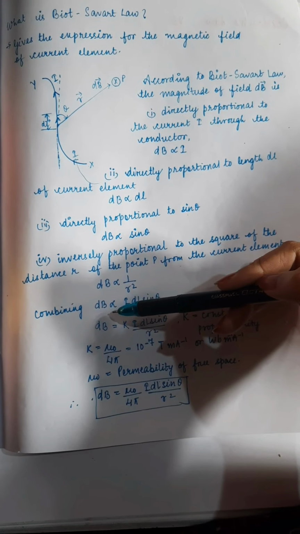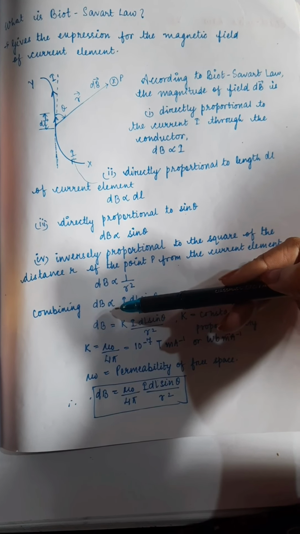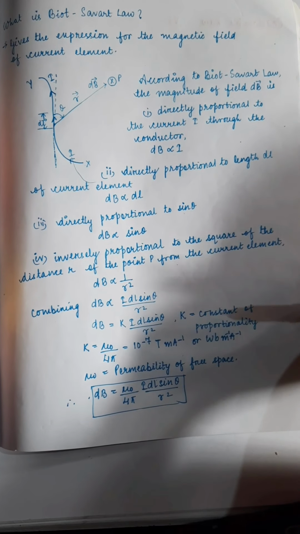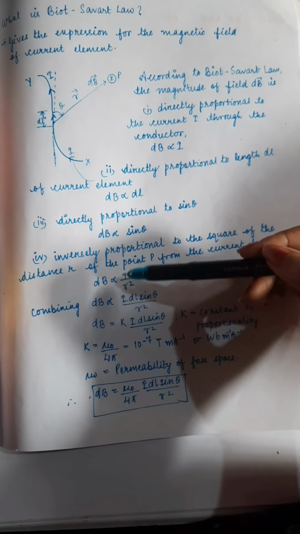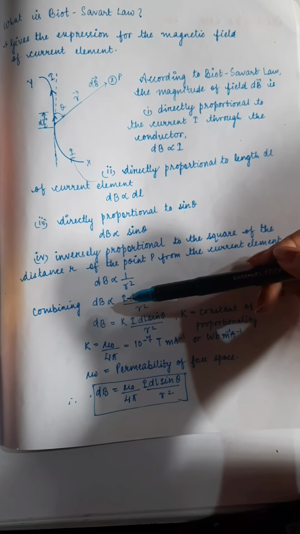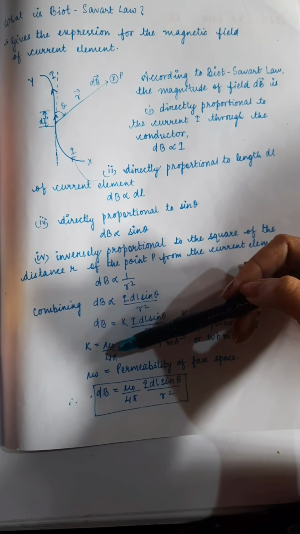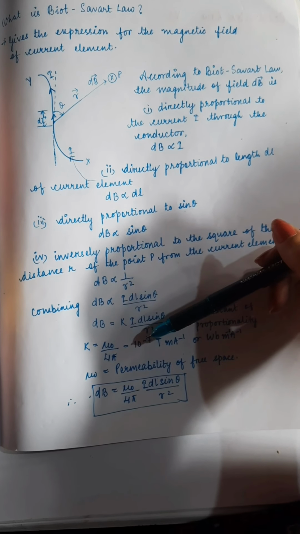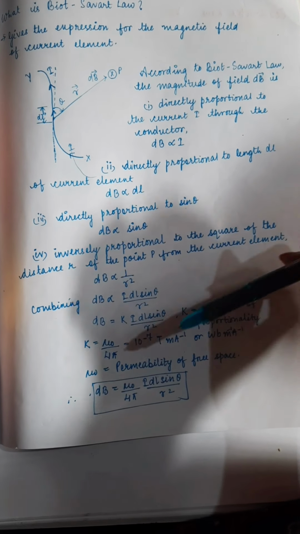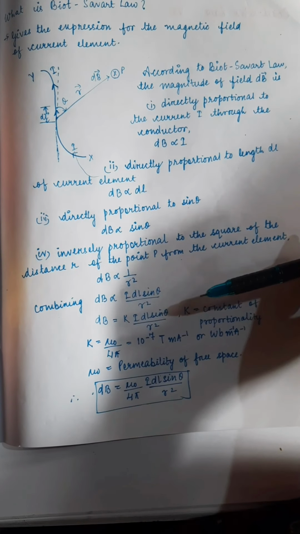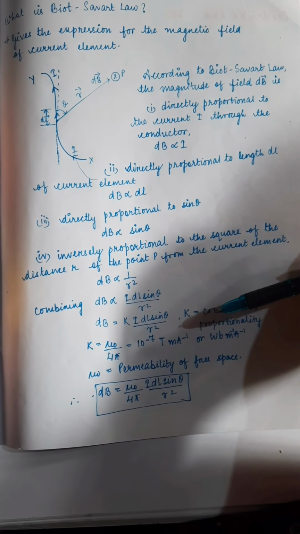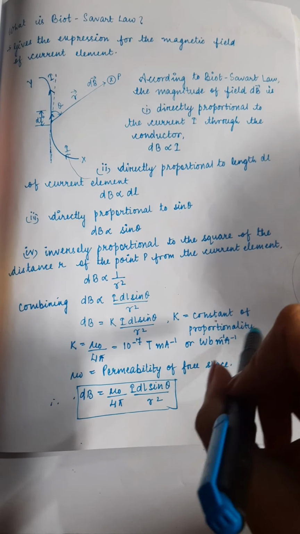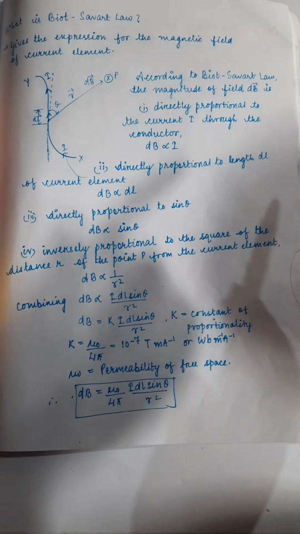Now as we know that whenever we have a proportionality symbol, we have to replace it by a constant of proportionality, and here the constant is given by k, which is equal to mu 0 by 4 pi, and it has a value of 10 to the power minus 7 Tesla meter ampere inverse, or Weber meter inverse ampere inverse, and mu zero is the permeability of free space.